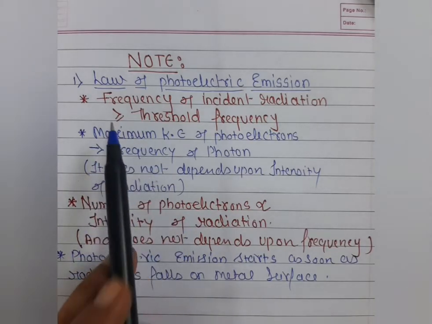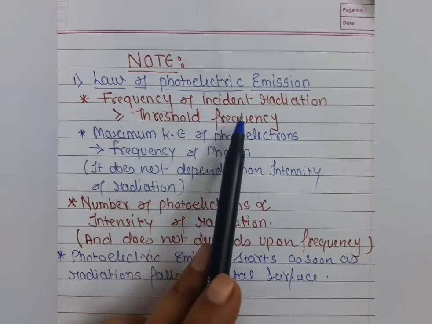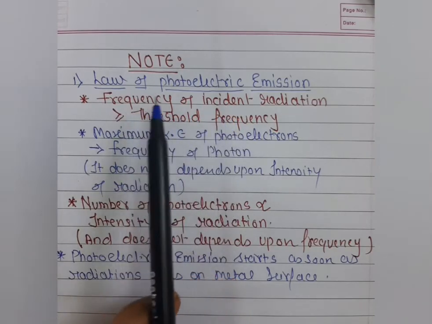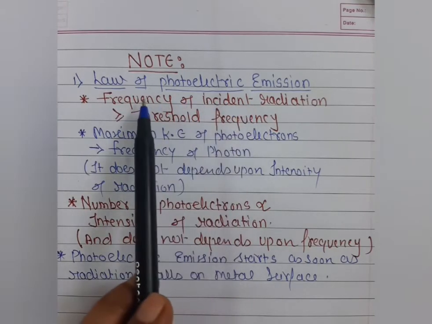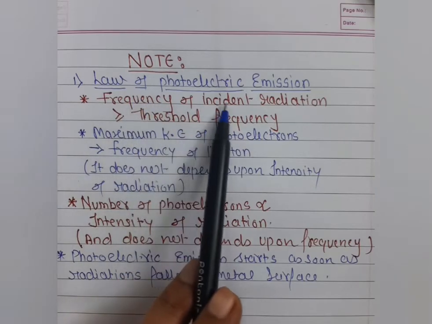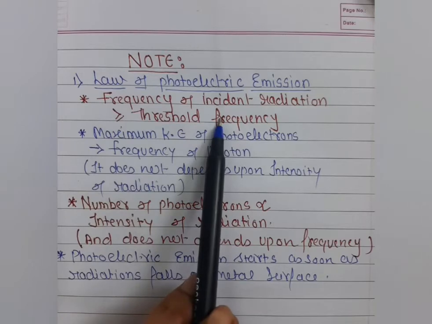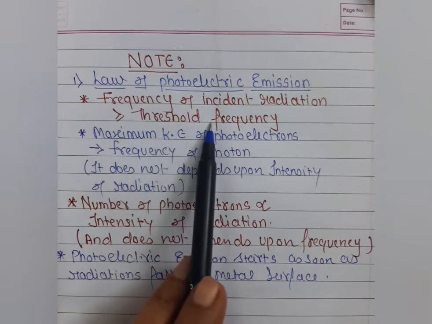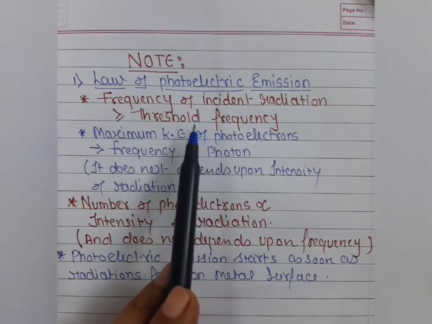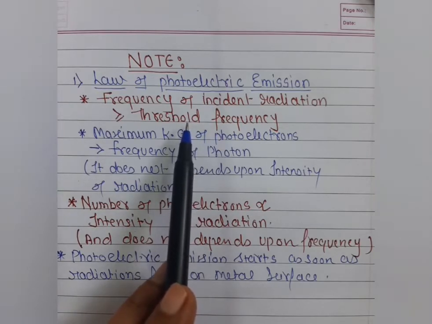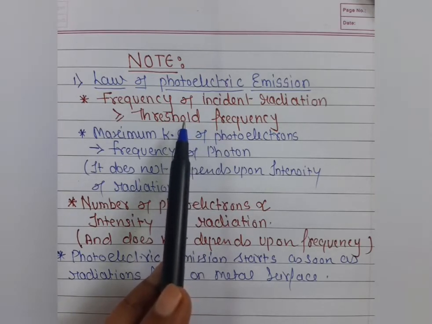So here the frequency of incident radiation, it means, students, the light has its own frequency. The frequency of incident radiation is greater than or equal to the threshold frequency. Threshold frequency means, students, the minimum frequency for the metal surface.